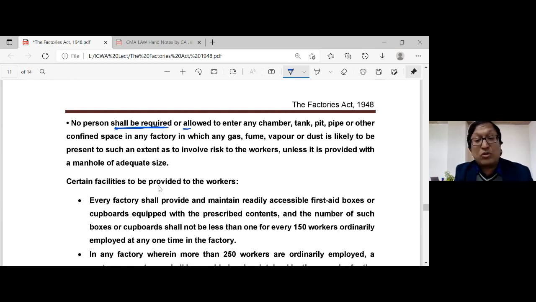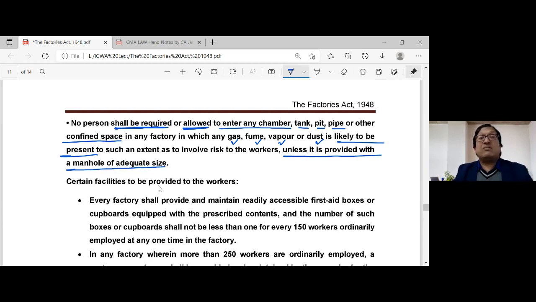Even if he wants to go, you will not allow him to enter any chamber, tank, pit, pipe, or other confined place in any factory in which any gas, fume, vapor, or dust is likely to be present to such an extent as to involve risk to the workers, because it may be hazardous to their health. Unless it is provided with a manhole of adequate size.